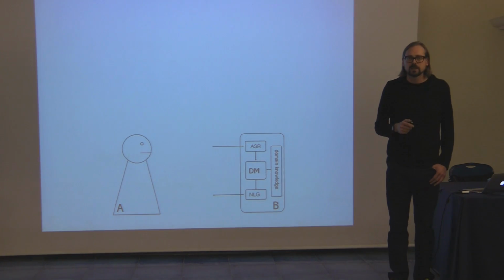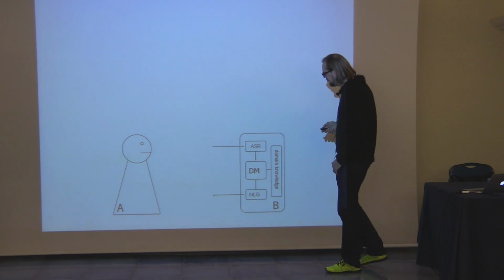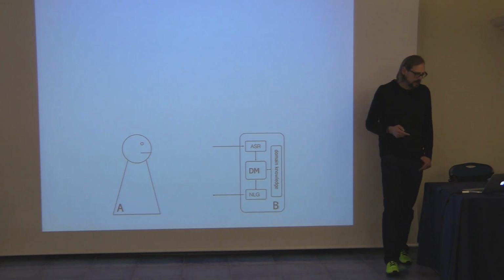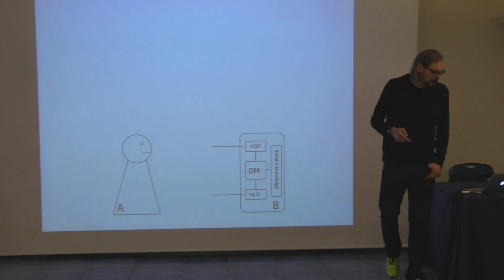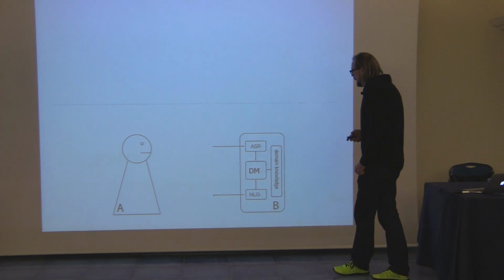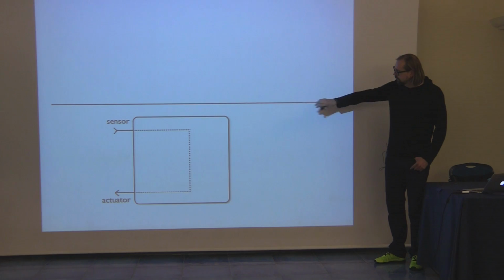So we're assuming that speech goes in and speech goes out, and in the middle is a component called DM, for dialogue manager. I will be talking about the dialogue manager in such a system for a bit before I move on to other things.